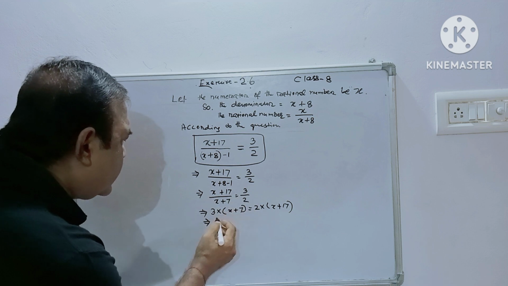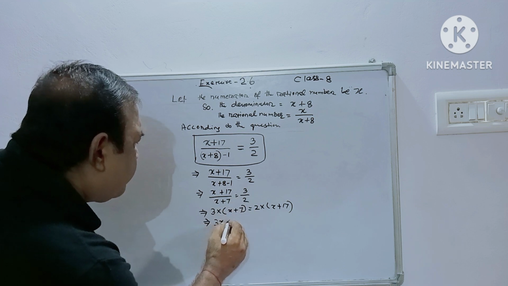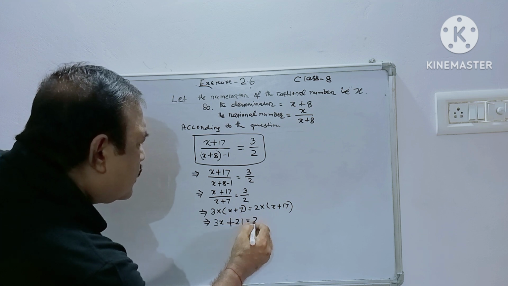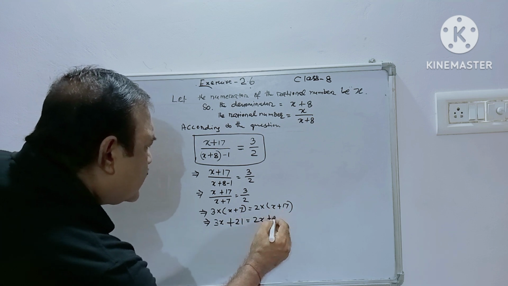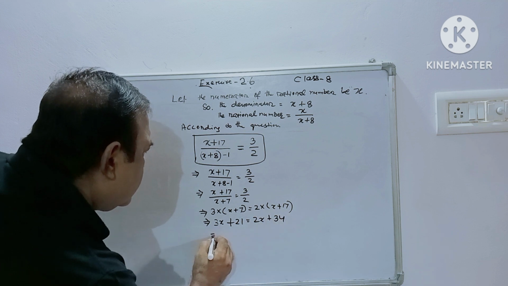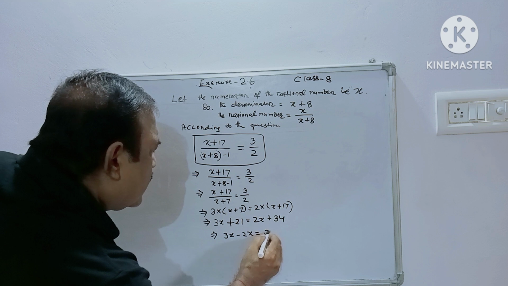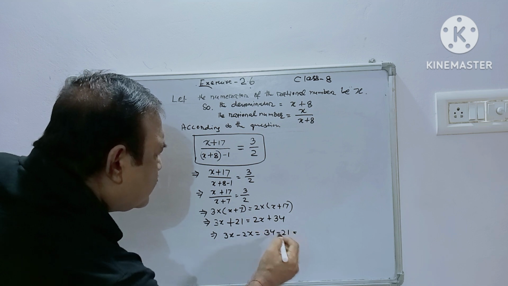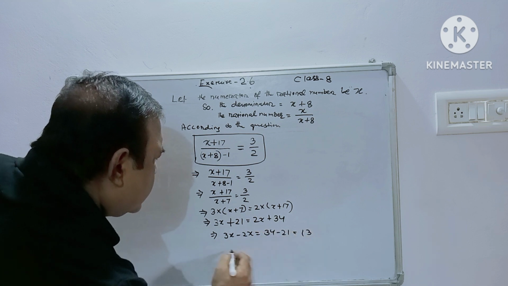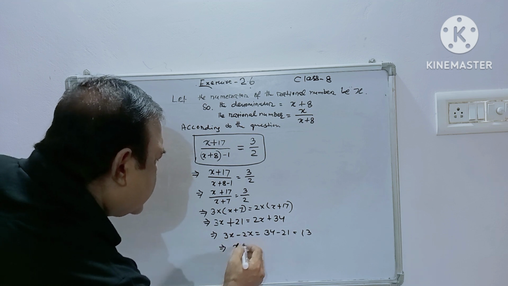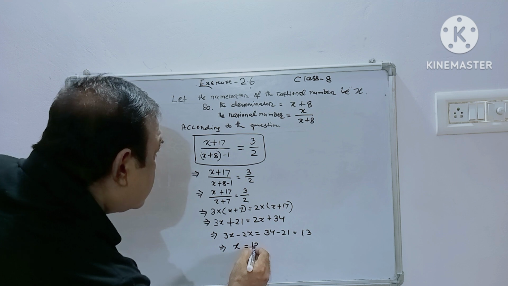We write 3 into x, that is 3x, plus 3 into 17, that is 51, equal to 2x plus 2 into 7, that is 14. That implies 3x minus 2x is equal to 14 minus 51, so x is equal to 13.